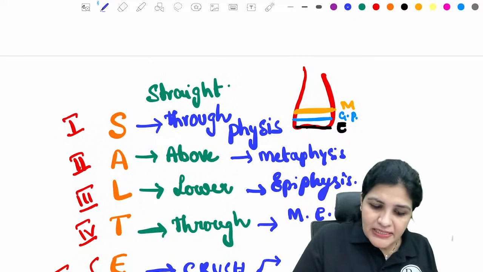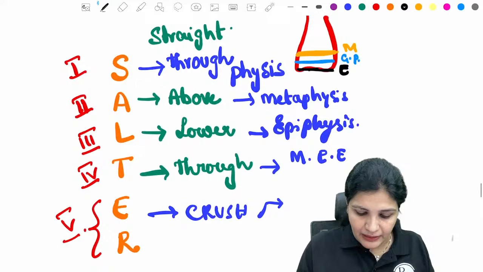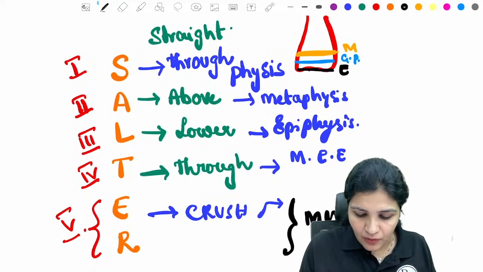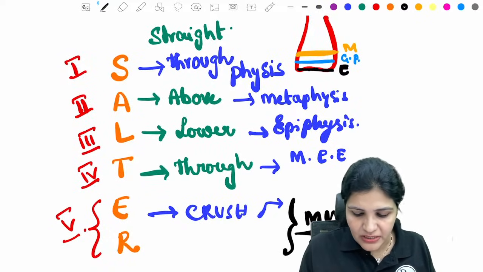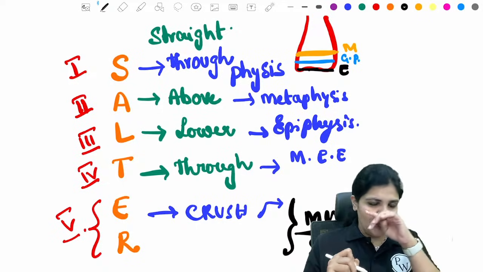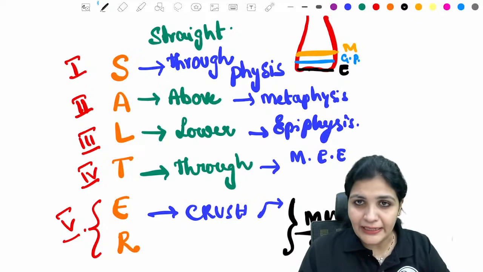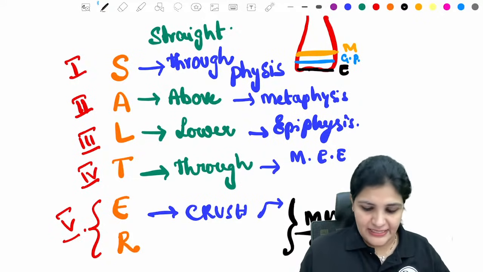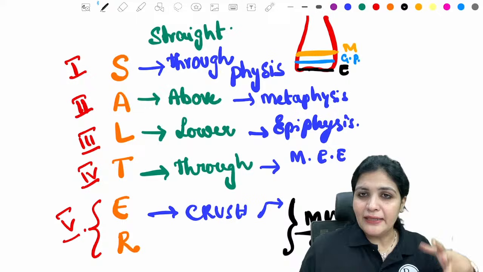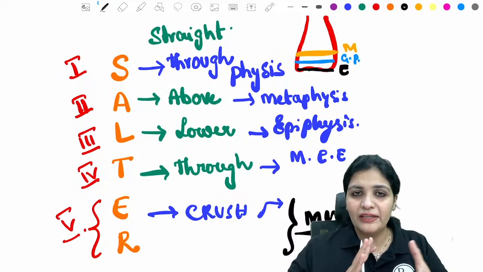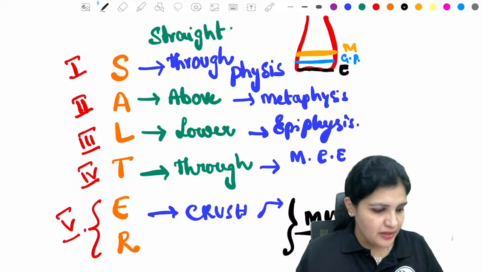These are usually missed because the complete physis is crushed, and physis is a lot of cartilage. You cannot see it on the x-rays, right? It is not involving either the metaphysis or the epiphysis, only the physis, which is completely crushed. That is why.